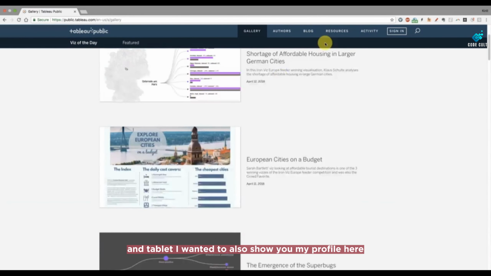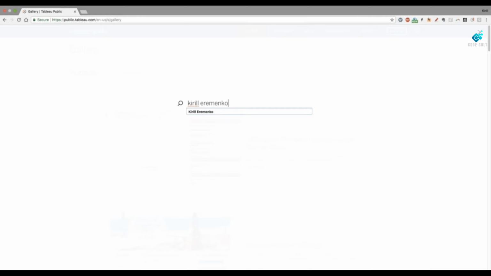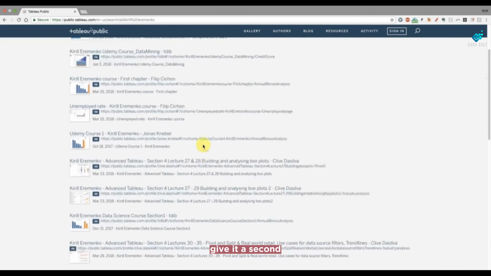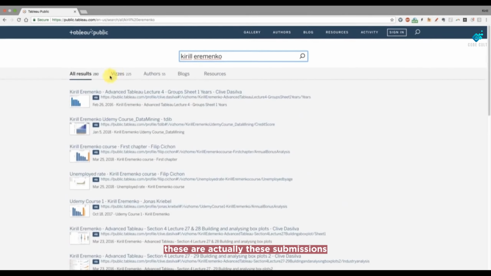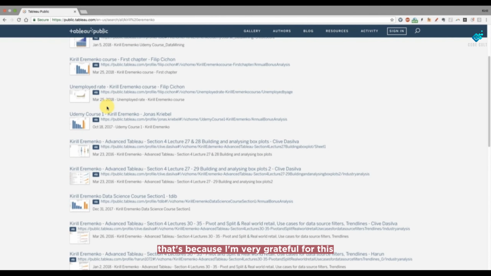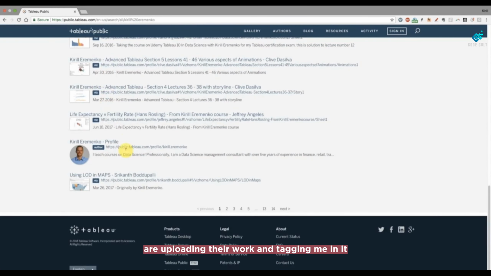I wanted to also show you my profile here just to demonstrate how this whole thing works. So Kirill Eremenko. Give it a second. If you scroll down, these submissions, you'll see there's like 280. That's because, and I'm very grateful for this by the way, a lot of students from the other courses are uploading their work and tagging me in it.